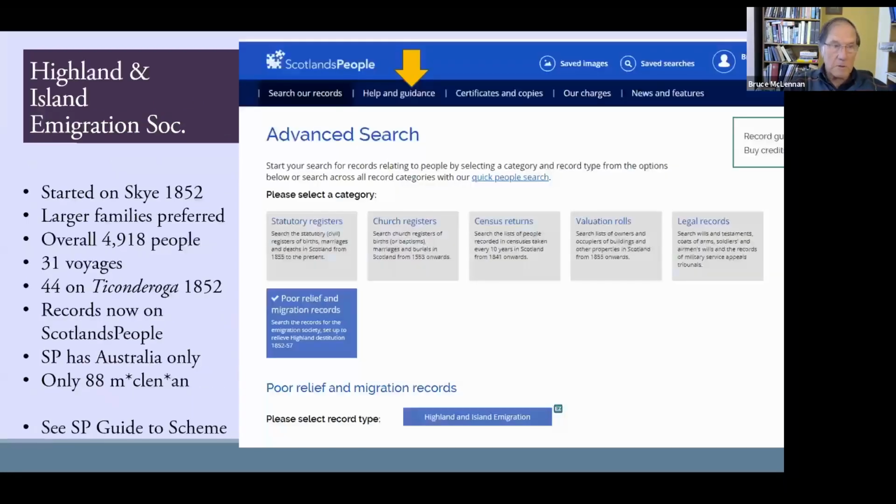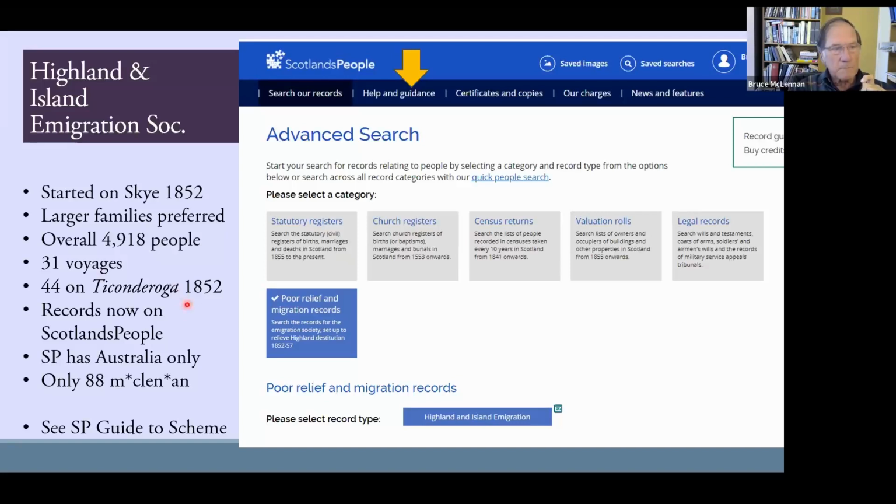But when I came to look at this, they recently added this section to Scotland's People that deals with immigration records, and down here it's got this Highlands and Islands Immigration Society, which was a British thing set up to alleviate the poverty of people on the islands and generally in the Highlands. 5,000 people were helped by this group to emigrate in different ways over the period it evolved, including 44 on that ship that we had the author talk about recently, Ticonderoga.